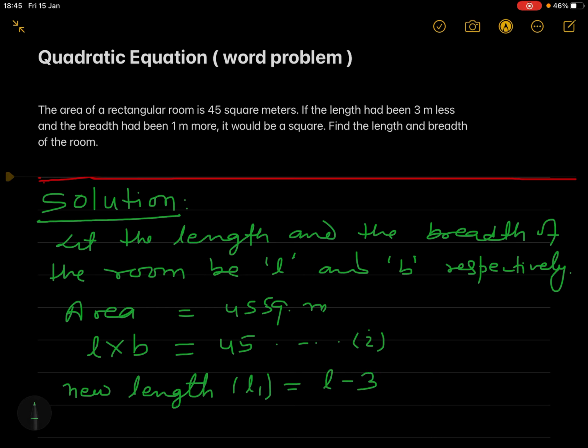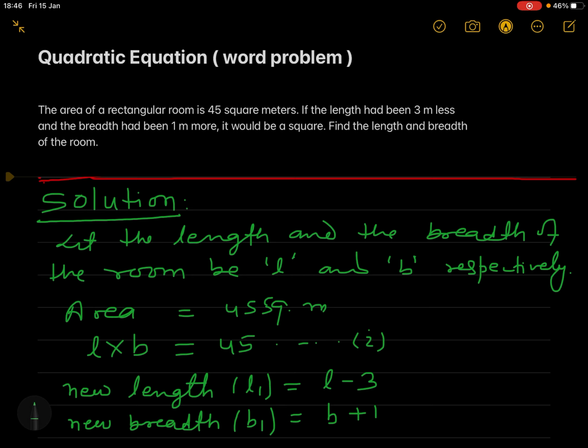Similarly, breadth is 1 meter more. New breadth B1 is equal to, initially it was B and now it has been increased by 1 meter, so B plus 1.